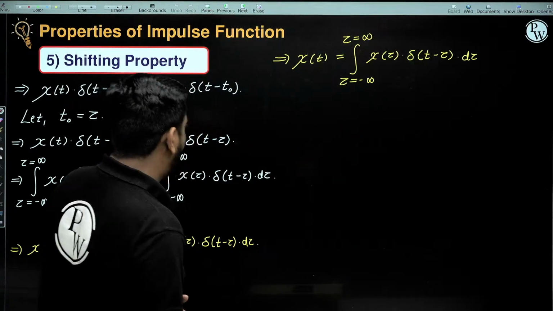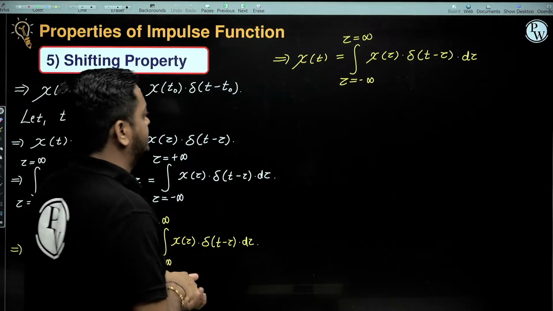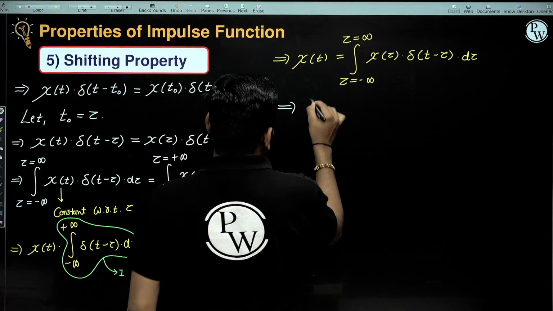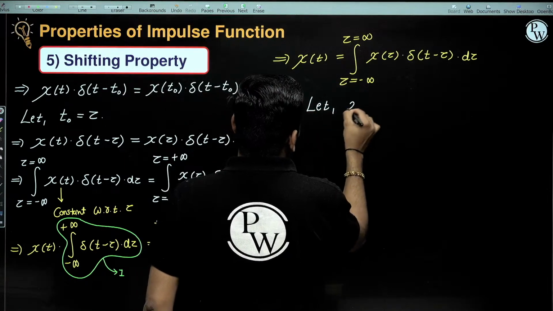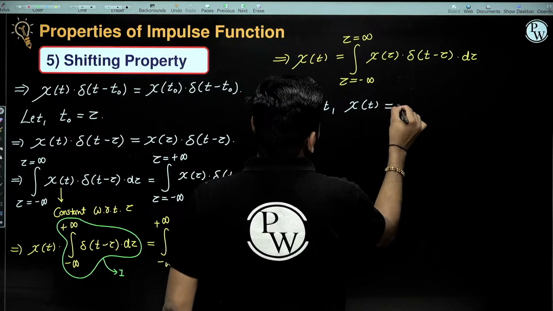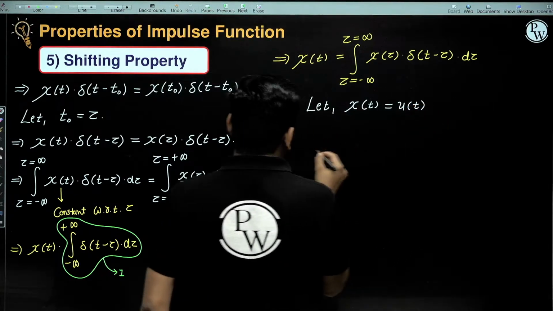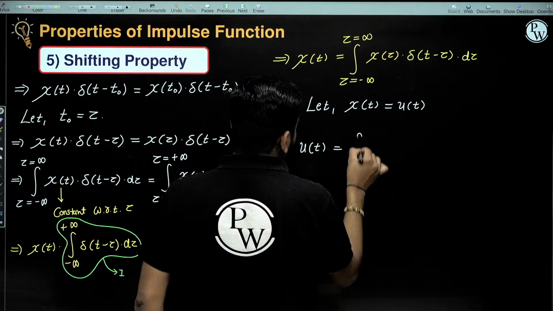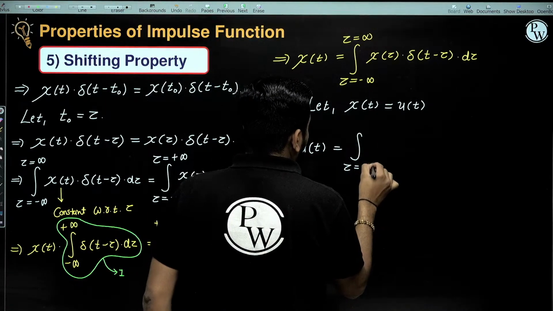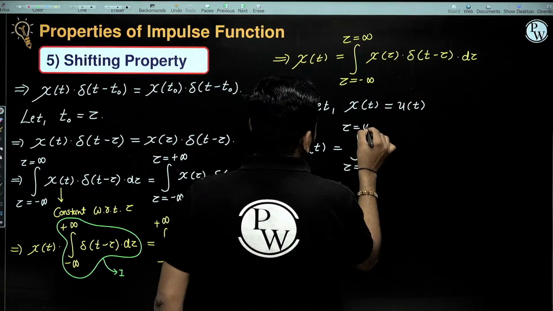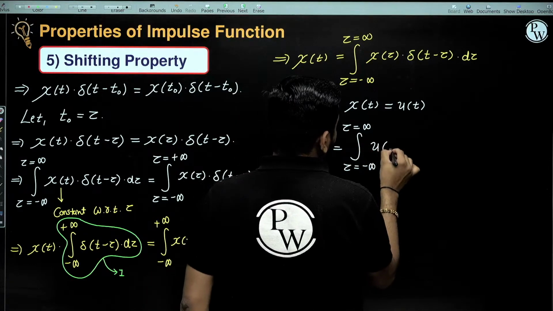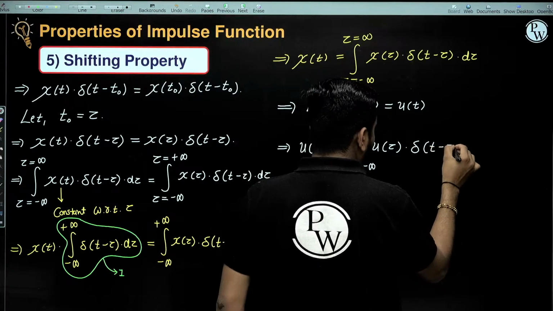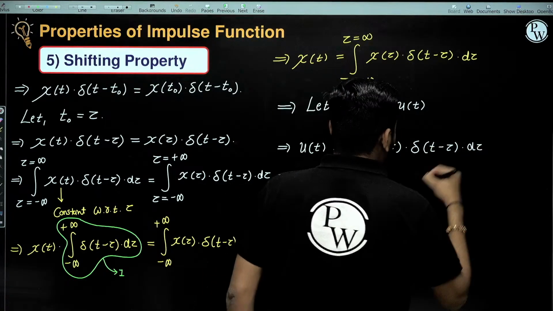Now what are the different results from this property? Let us take x of t as u of t. Then u of t equals the integration over tau from minus infinity to plus infinity of u of tau times delta of t minus tau d tau.